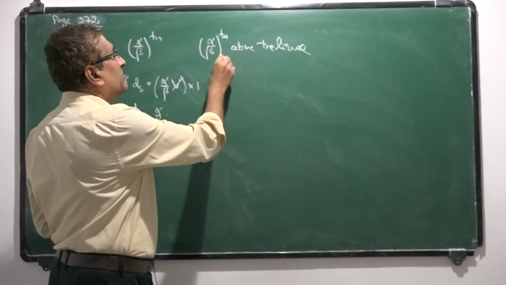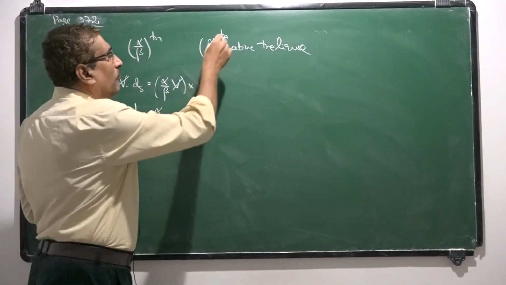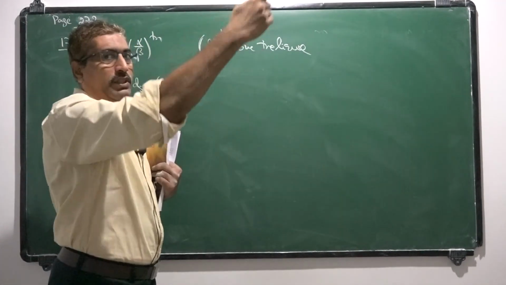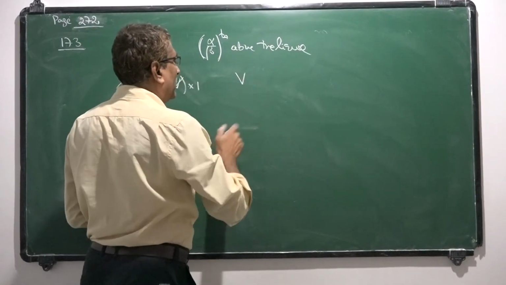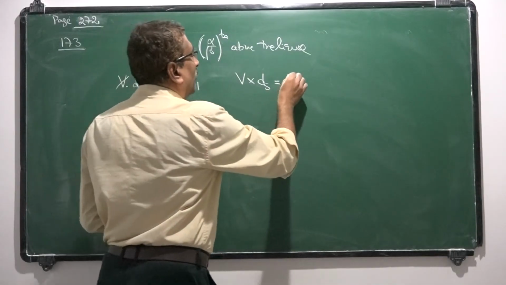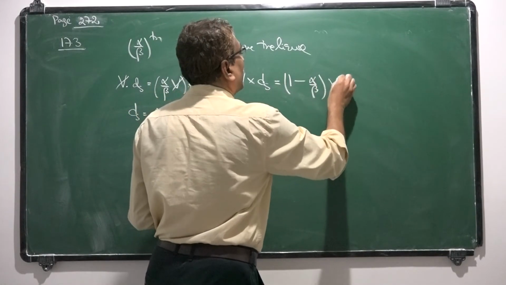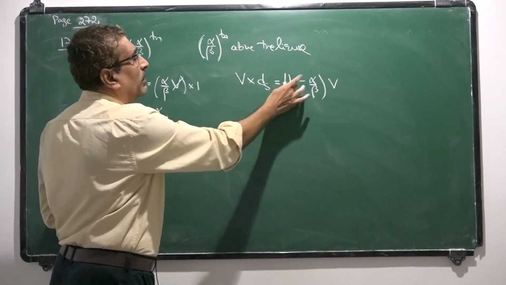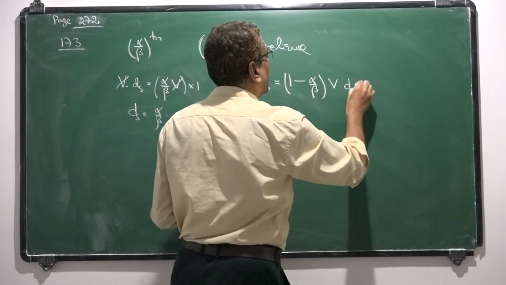Now, the same solid body is immersed in another liquid. Alpha by beta part is outside the liquid, that means above the liquid. In that case, we can write volume of the body into density of the body is equal to 1 minus alpha by beta is inside the liquid, because alpha by beta part is outside the liquid, into density of the liquid.